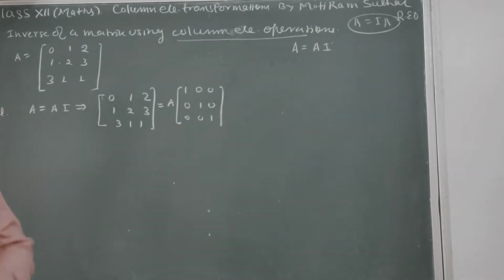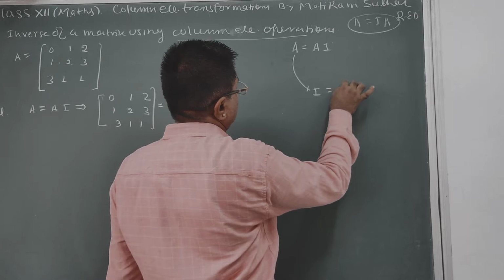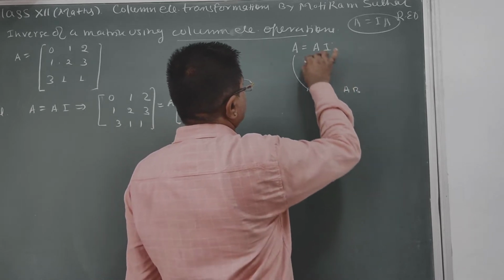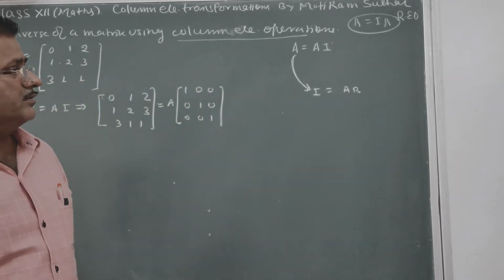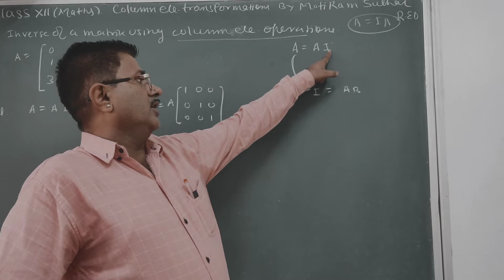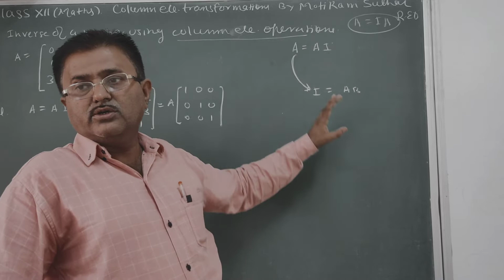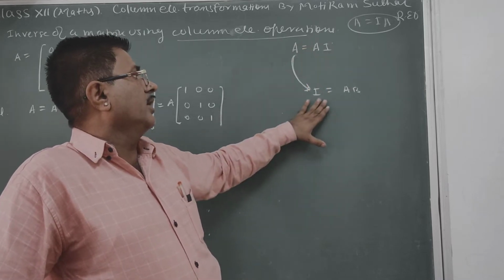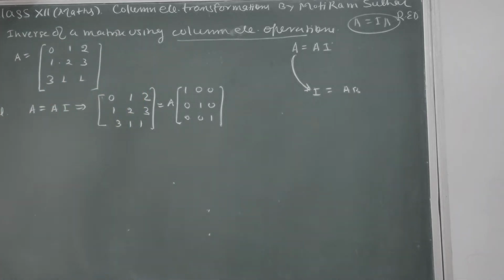As we have already discussed, for finding the inverse, our target is to convert A into I, and then I into B. Means A we convert into the identity matrix, and then the corresponding I will get converted into B. So B is called the inverse of A. So using columns, we have to use the column operations here also.